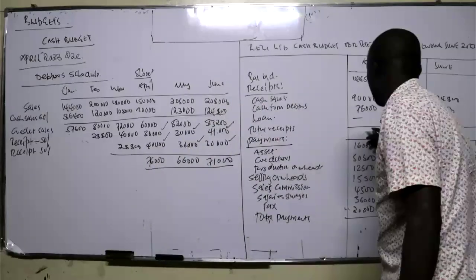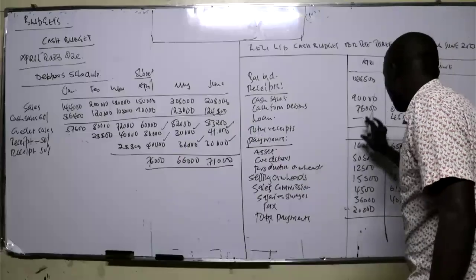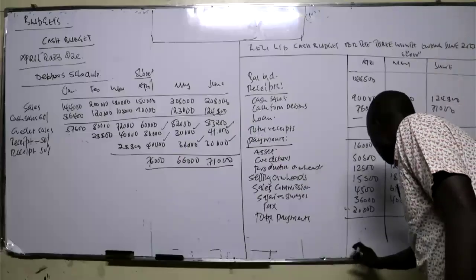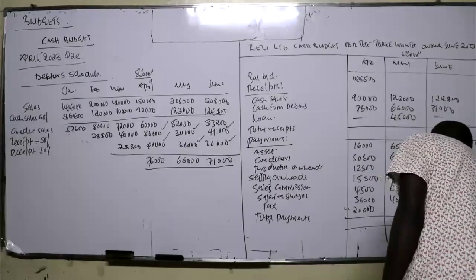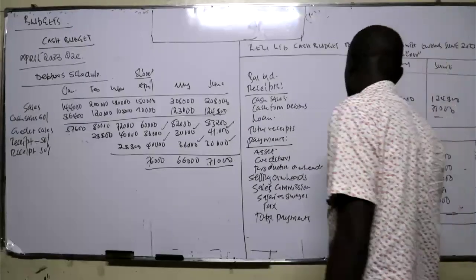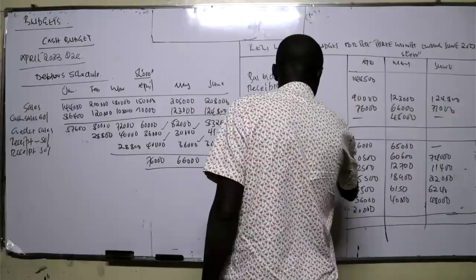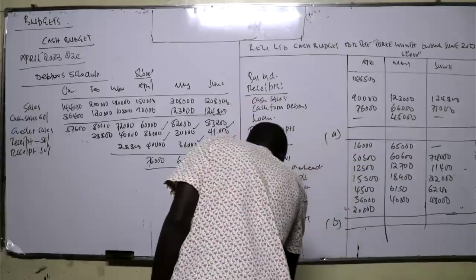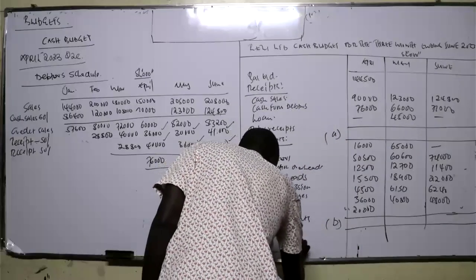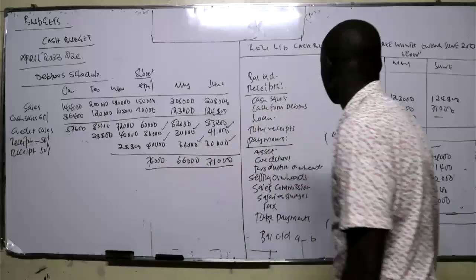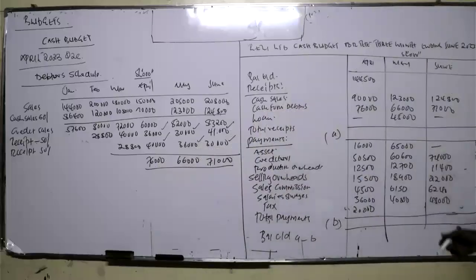So we add the receipts, and another group adds the payments, total payments. Here this is A, and this one you can write B. Then the balance carried down, the closing balance, is A minus B.